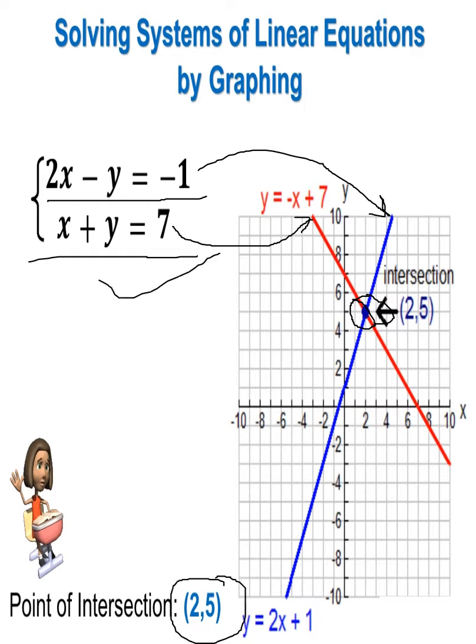So (2, 5) is our solution for the given pair of linear equations. Similarly, you can do the other examples on your graph paper and verify it with the method we have already discussed.